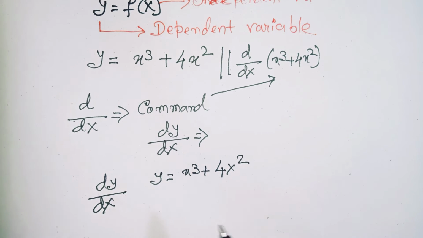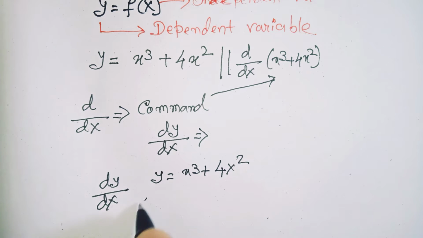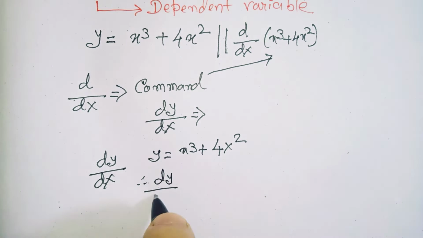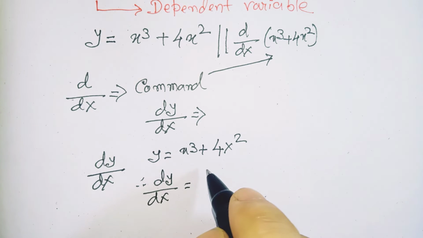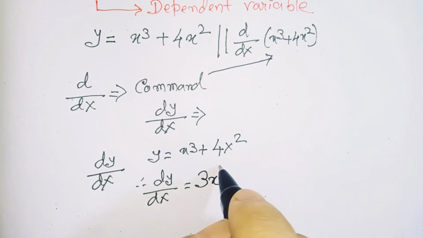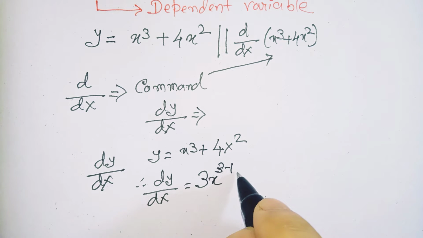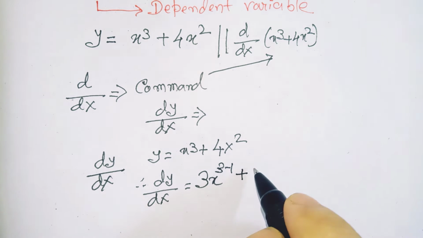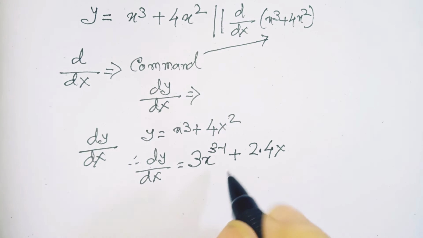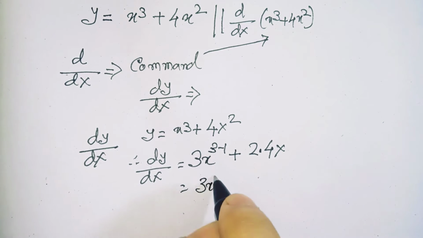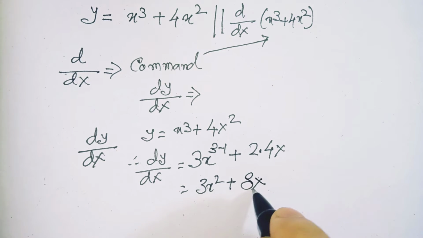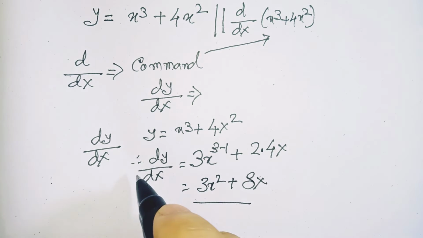If I differentiate it, I will get dy by dx equals, we know how it happens, 3 comes forward and 3 on the top minus 1, and then we get a plus sign, and then 2 multiplied by 4 times x. Further solving it, we get 3x squared plus 8x. This is by dy by dx.